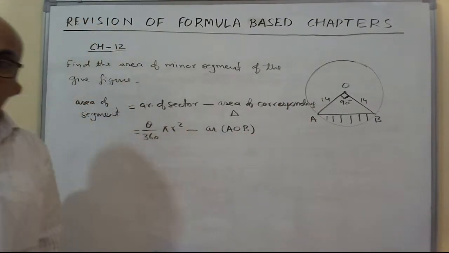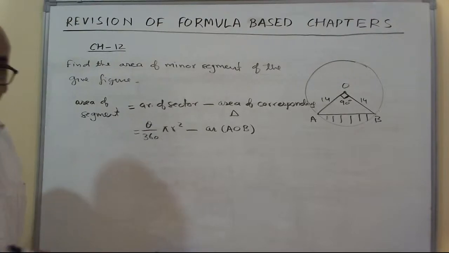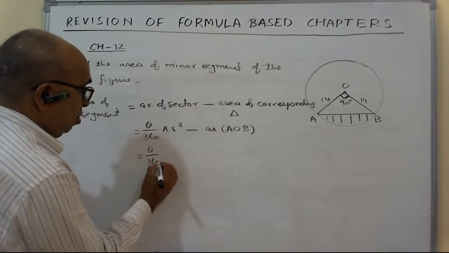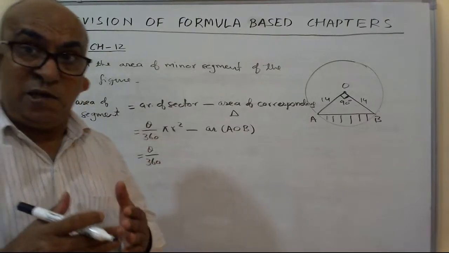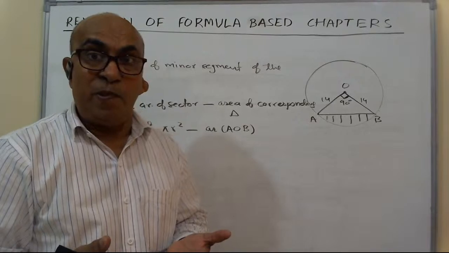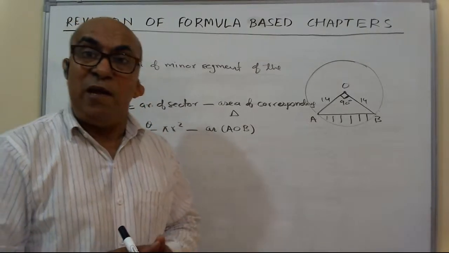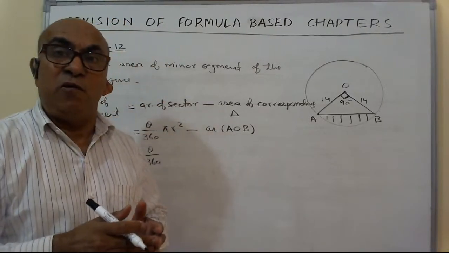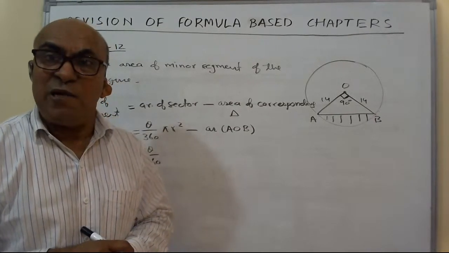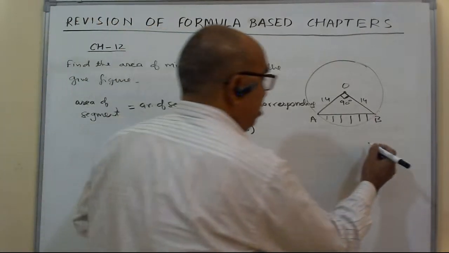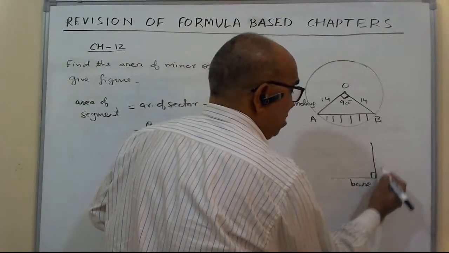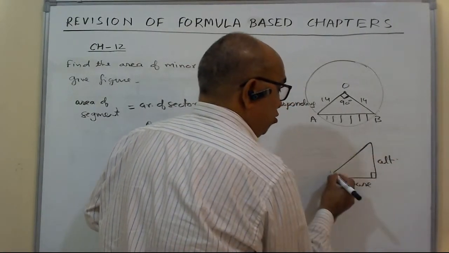AOB is a right triangle. So right triangle means, except the hypotenuse, one side can be taken as base and another side can be taken as altitude. So in the right triangle, see, it is 90 degrees. So you can say it is base and you can say it is altitude.